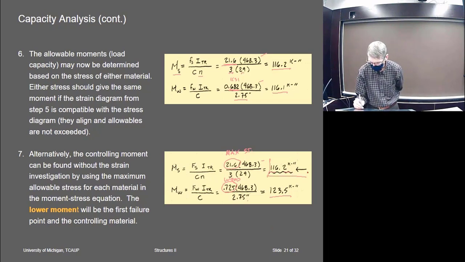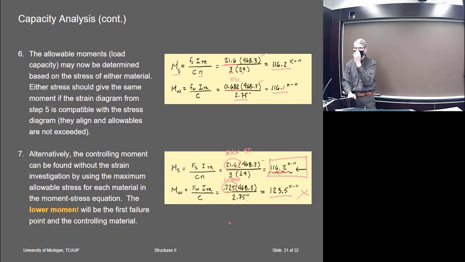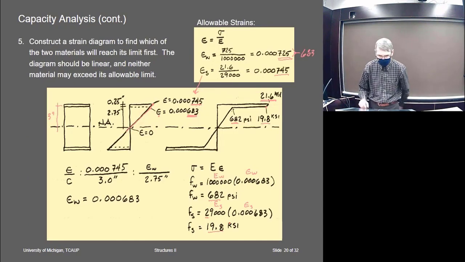So this is saying the steel would control the design and fail first, and this would not happen. That would be overstressed, right? Or it would overstress the steel. So you can simply work them both and see which one controls. Because that's what you're ultimately trying to figure out. By all this other stuff we did here, we were just trying to see, does the steel control or does the wood control?